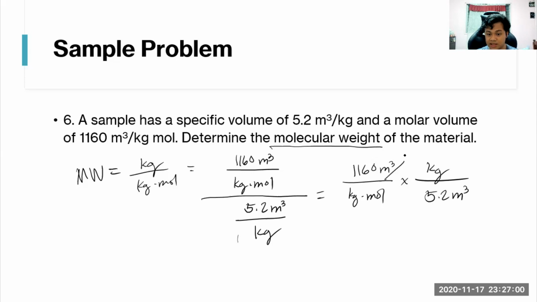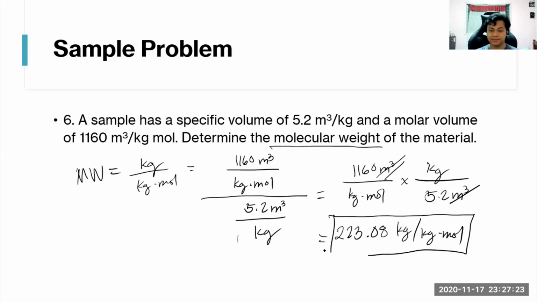We cancel our cubic meters, and then we get the final answer, 223.08 kilograms per kilogram mole. Okay, so that's the answer. It's really easy. If you don't get this, you can ask me in the comments below, or message me in my FB account.